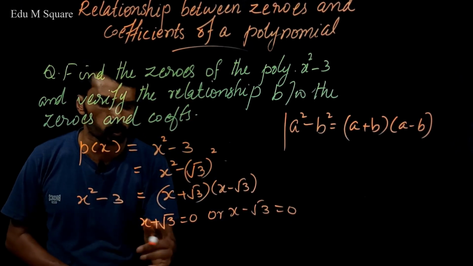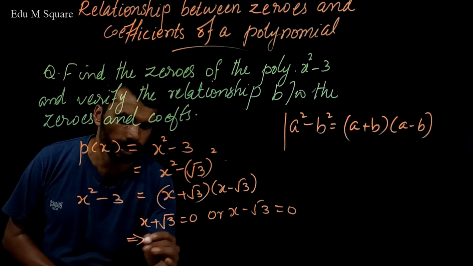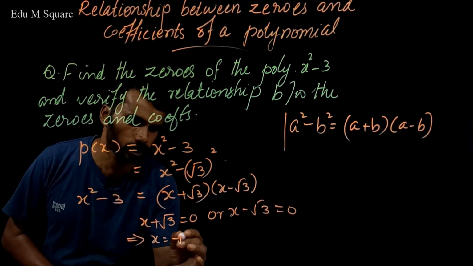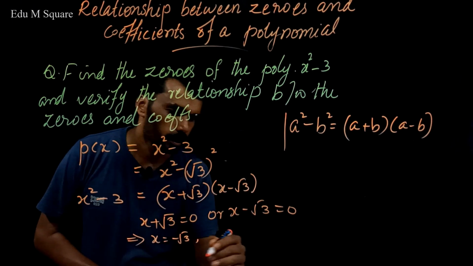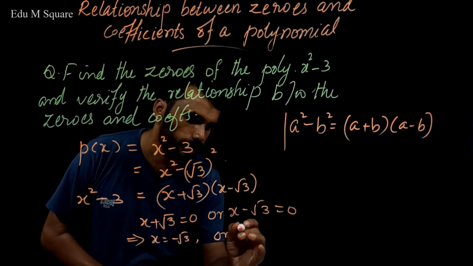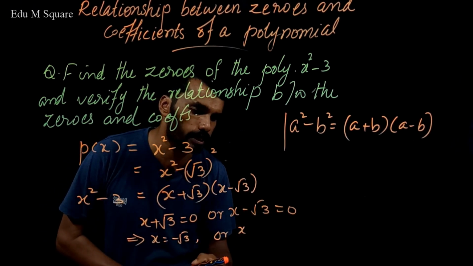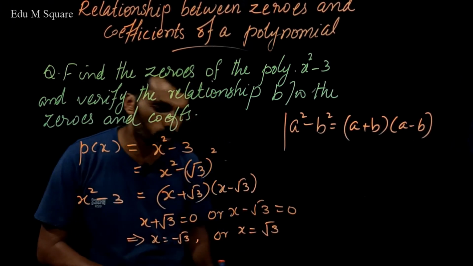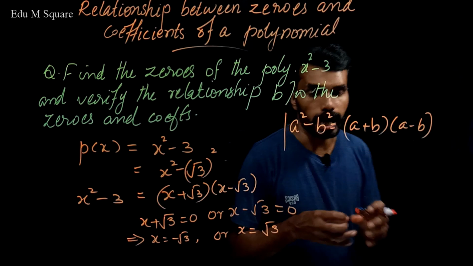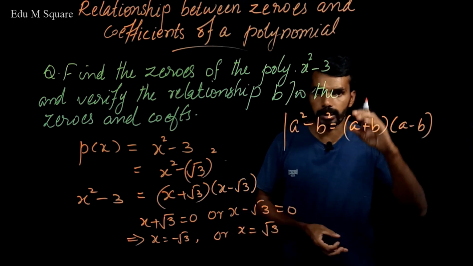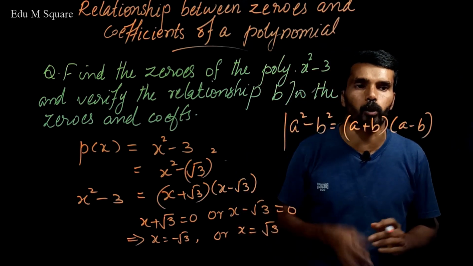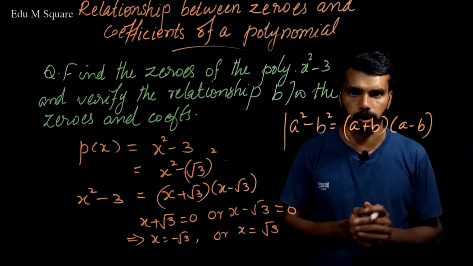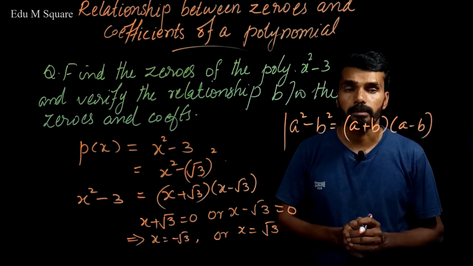Now x plus root 3 is equal to 0 implies x is equal to minus root 3. Then x minus root 3 is equal to 0 implies x is equal to root 3. So minus root 3 and root 3 are the two zeros of this quadratic polynomial x square minus 3. Right?